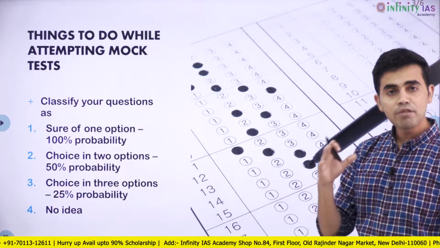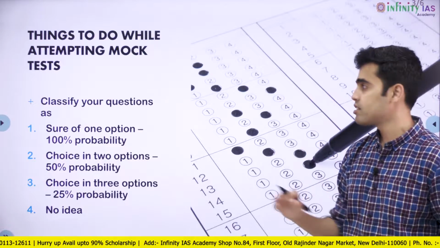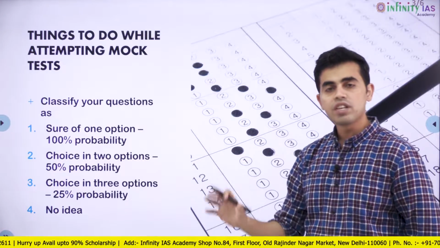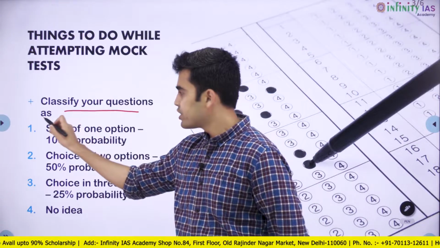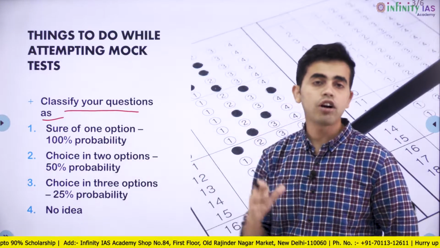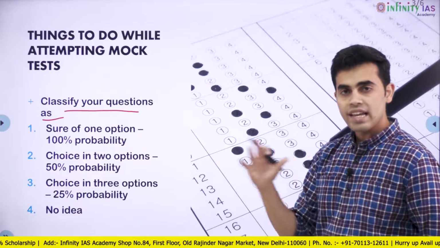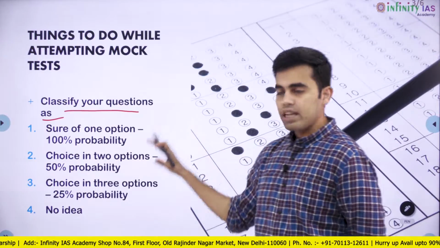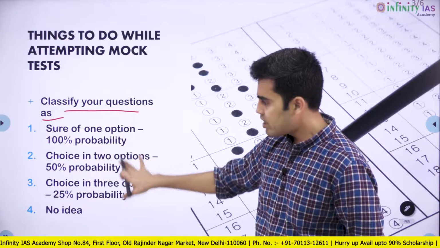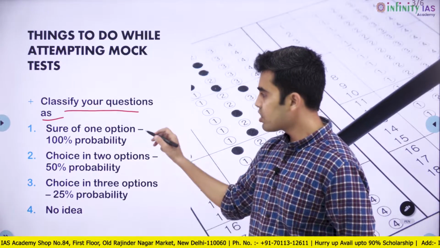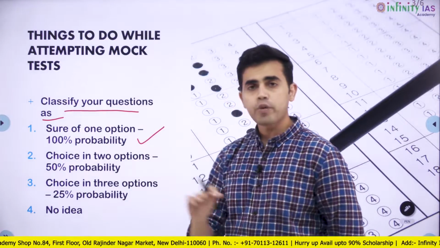And when we are practicing these mock tests, we have to keep a few things in mind. Firstly, classify your questions while you are attempting the mock tests. How to classify them? All the questions will fall into one of these categories. First: sure of one option.